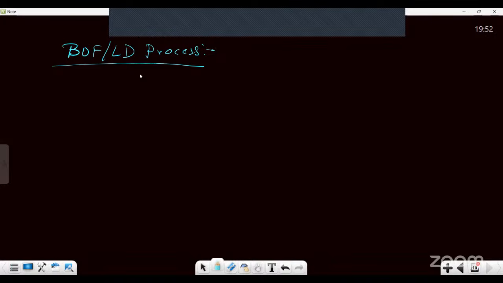Now, let us understand this. If I draw the converter, this is called the LD converter. It is a pear shaped converter. And what happens in this BOF process is there is a lance, something like this.